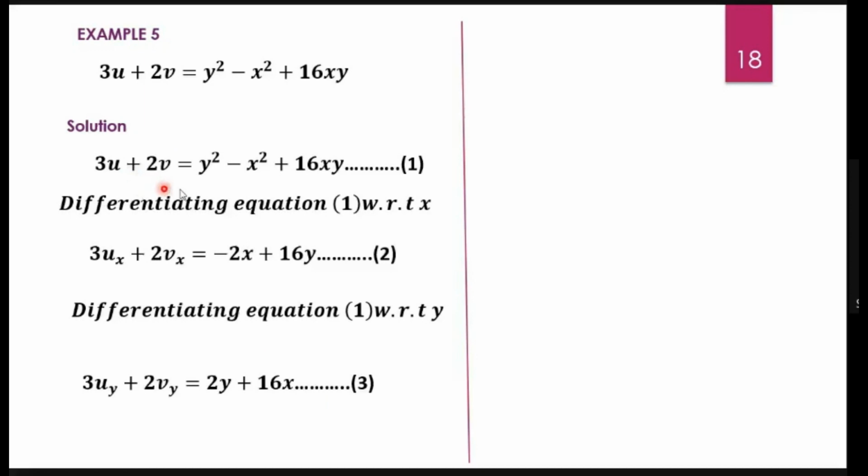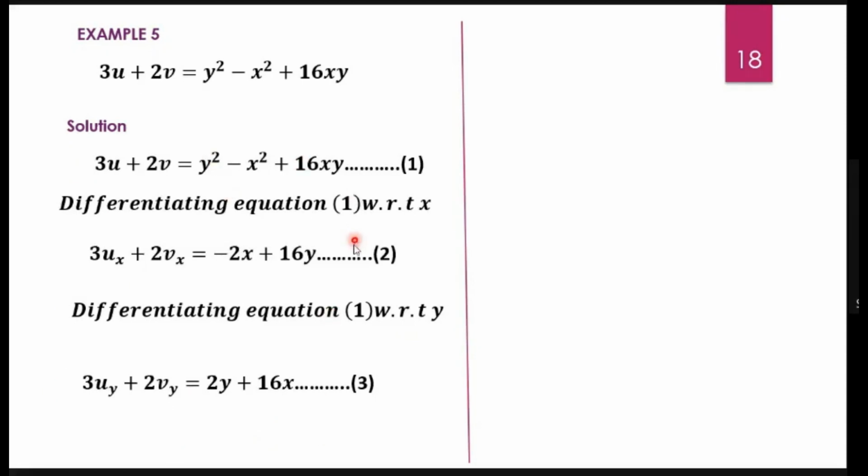Our aim is to get ux and vx. We first differentiated with respect to x, but with one equation you cannot calculate ux and vx. We require 2 equations to calculate them. So the second equation we get by differentiating this with respect to y: 3uy plus 2vy is equal to 2y plus 16x.